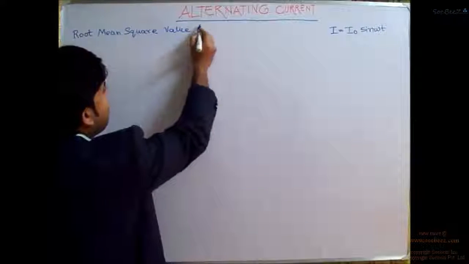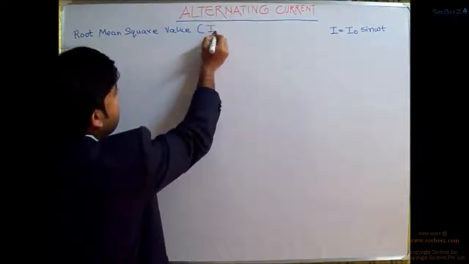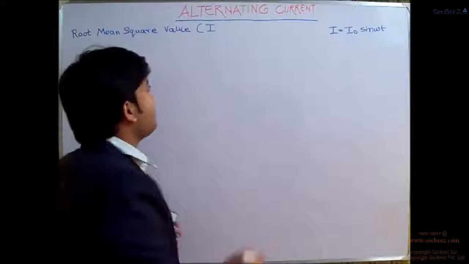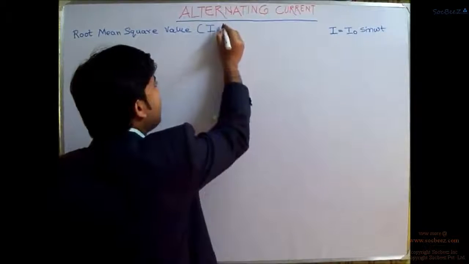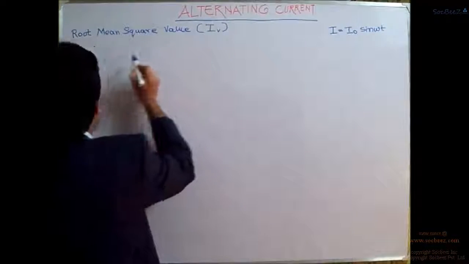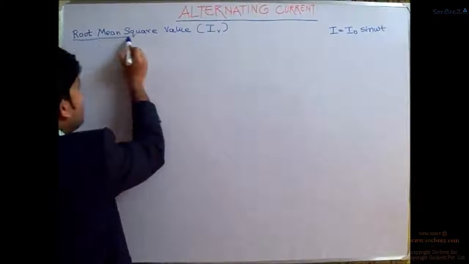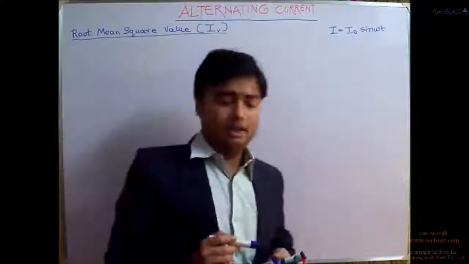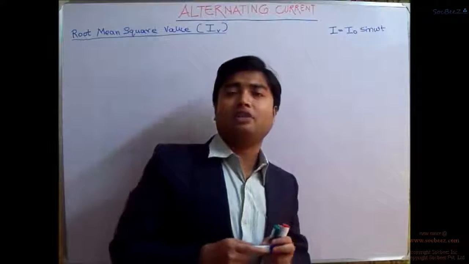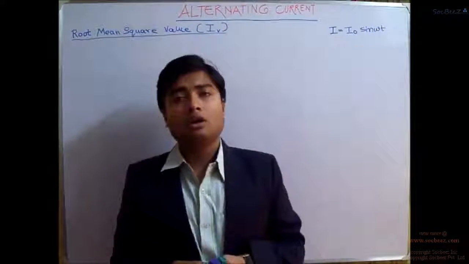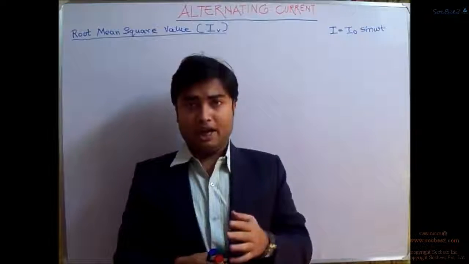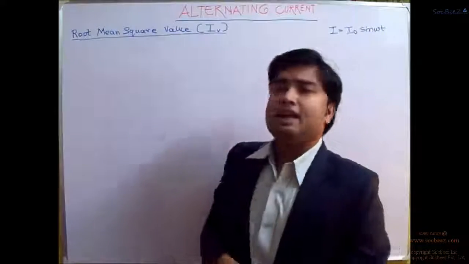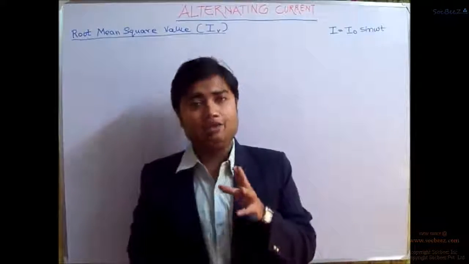And this RMS value is denoted by I suffixed by RMS or suffixed by V, right? Now this root mean square value of an alternating current is also known as the virtual current or the effective current, right? So for this virtual we have taken it as I_v.